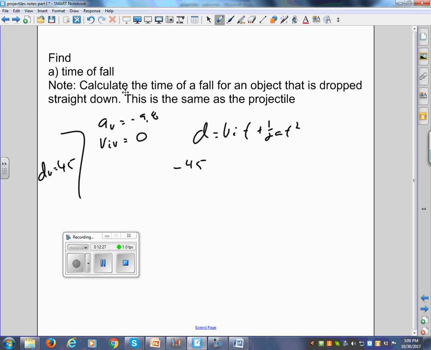So minus 45 equals 0 plus 1/2 times minus 9.8 T squared, right? That means T is going to be the square root of minus 45 over minus 4.9.